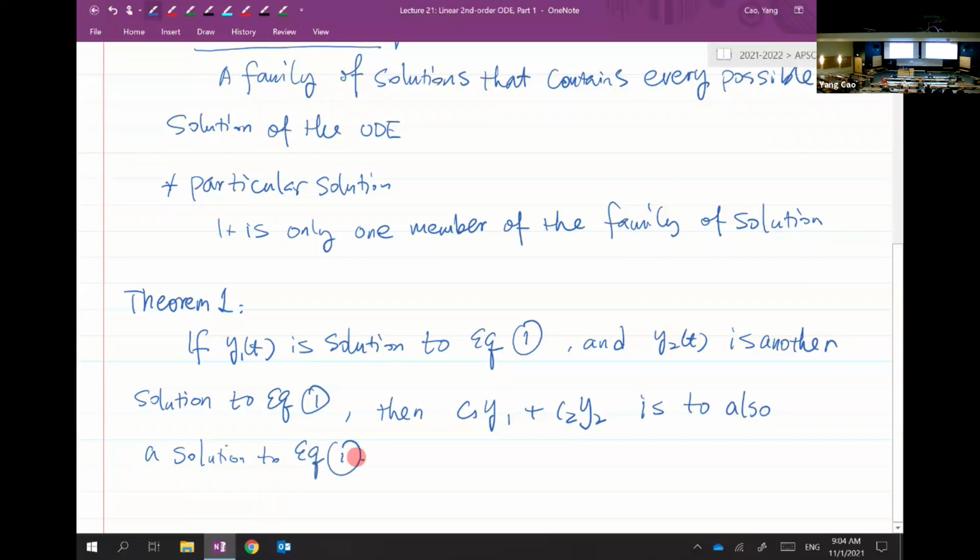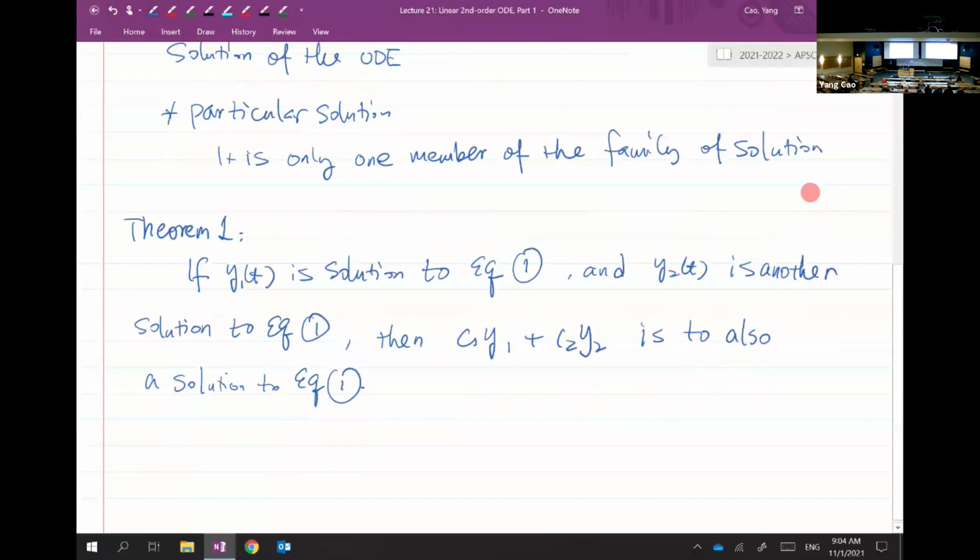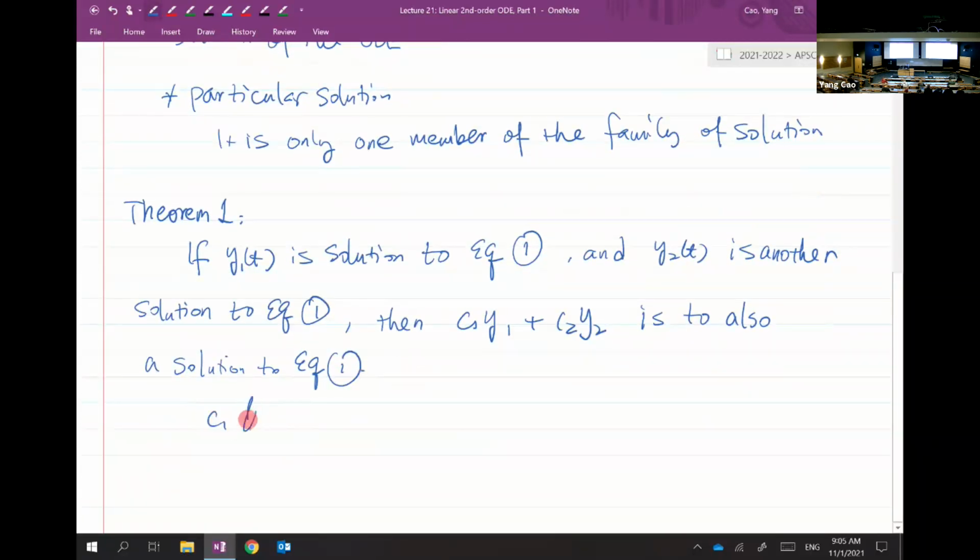That's theorem number 1. C1 and C2 are constants. And this theorem is actually a direct result of the linear system property, the superposition property.